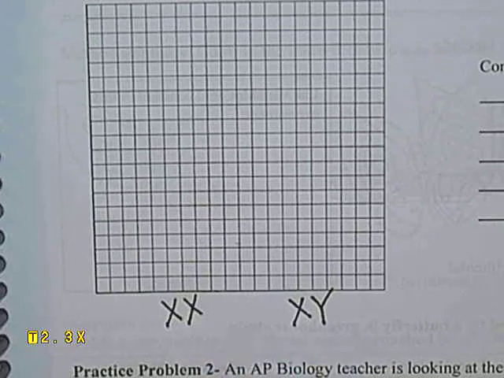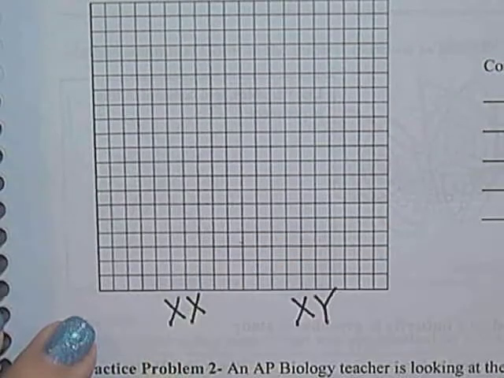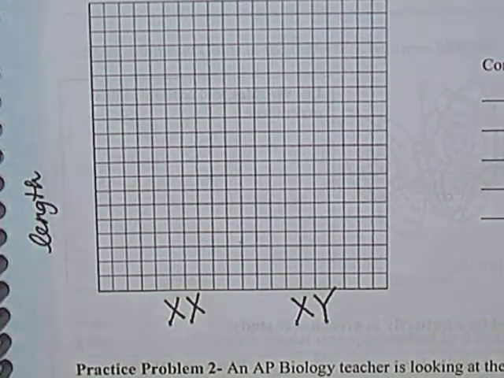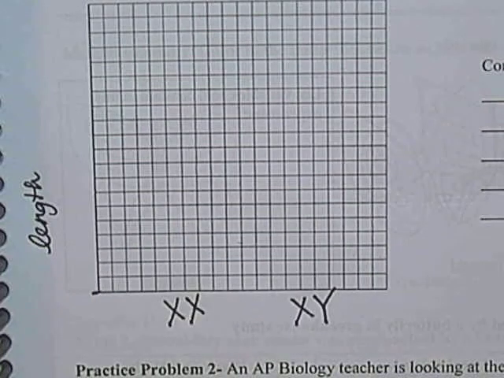So along my x-axis, I've indicated which groups there are. And on my y-axis I'm going to put the length of the hand. Along the y-axis, I am going to indicate that there is a break in my data points.